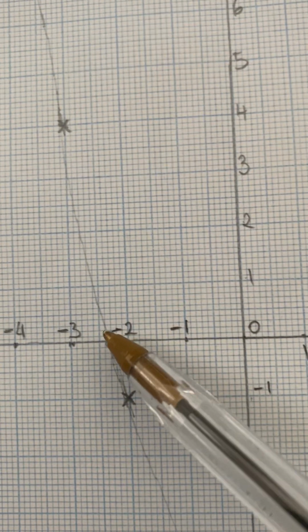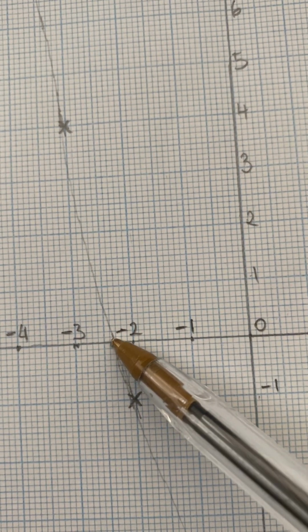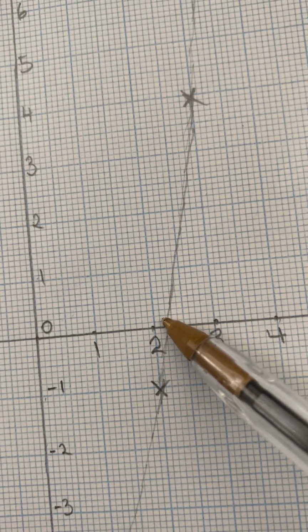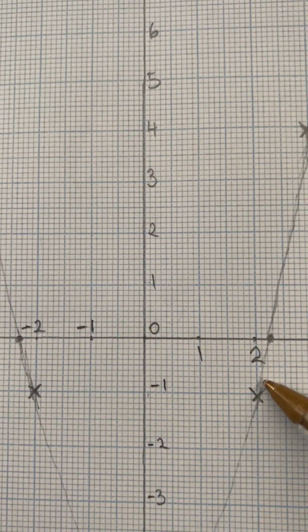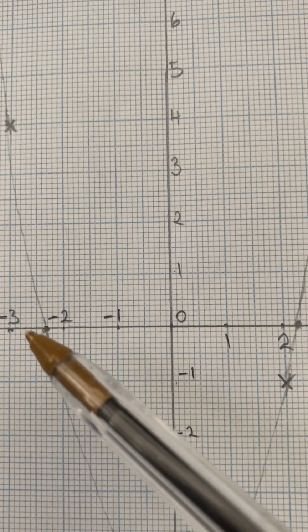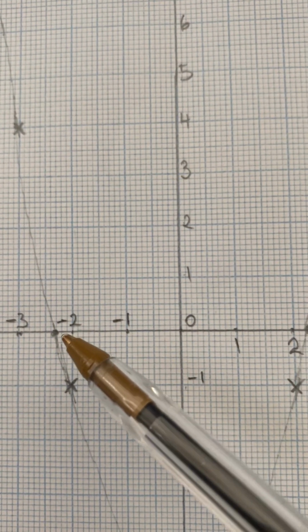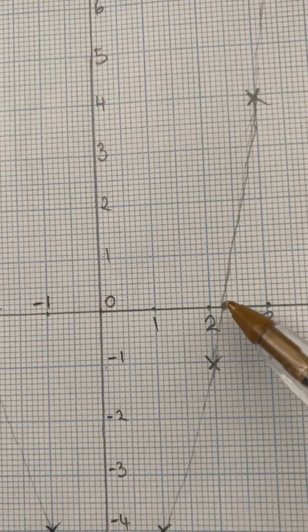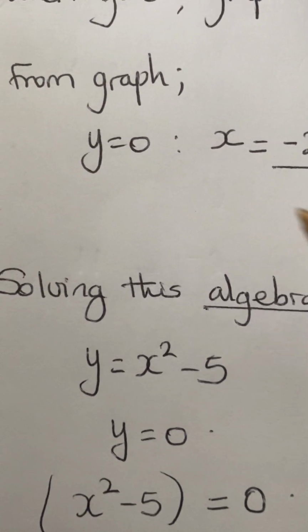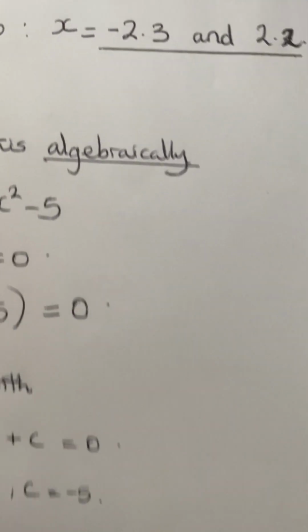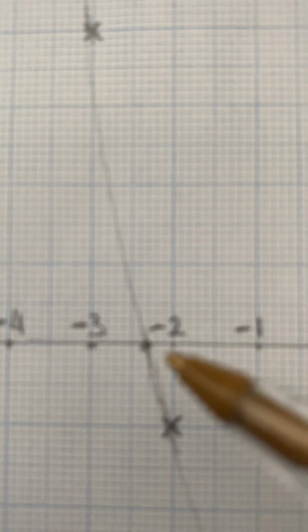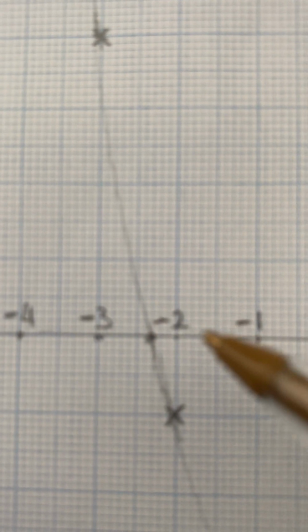So y is 0 at this point, and y is 0 at this point. My parabola is not perfectly straight, but I can see a negative value and a positive value. So when y equals 0, when I look at this closely, it's about 2 and -2.3.